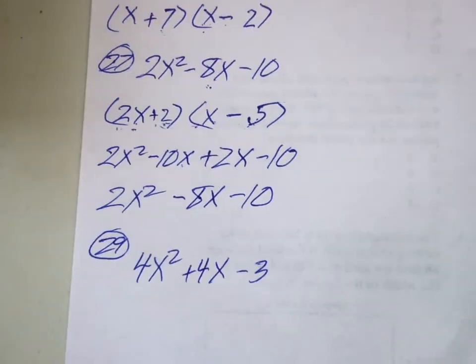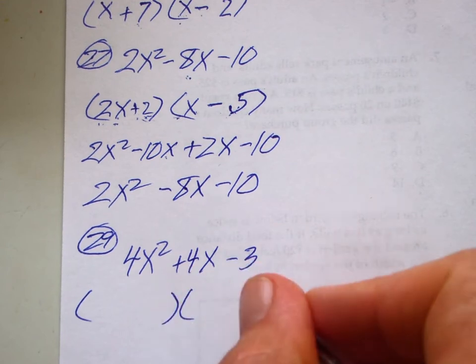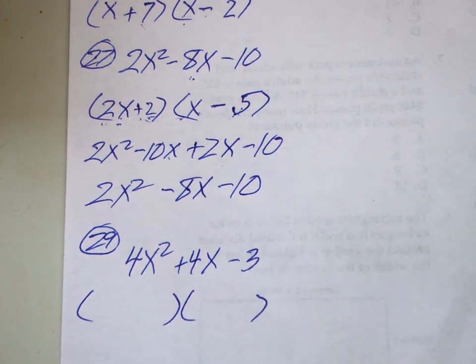Okay? So I want to set up my polynomials. Now here's a problem. I could have 4x and x. 4x times x is 4x squared, right?